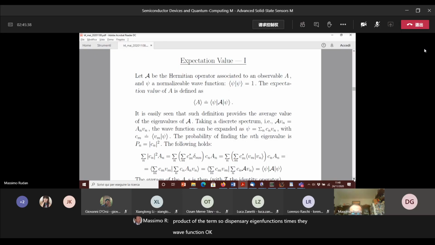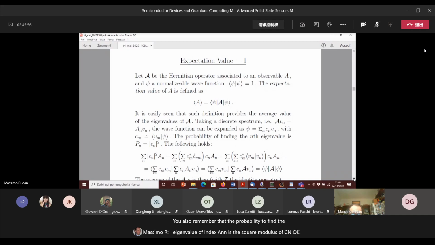Due to normalization, you also remember that the probability to find the eigenvalue of index n is the square modulus of Cn.